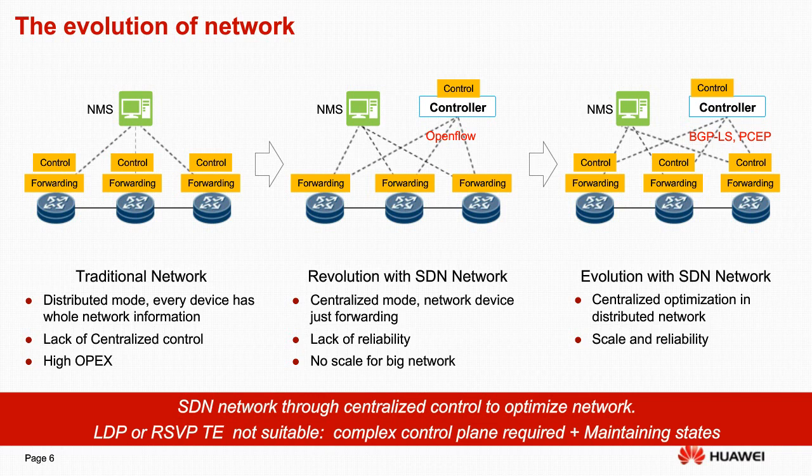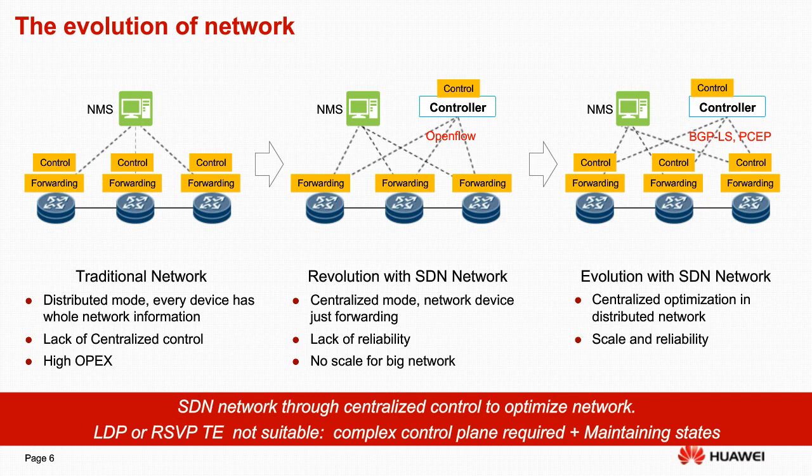All of this kind of calculation will be done in the controller. Sometimes we can say the forwarding device also can support the FRR, but all of this calculation has to be done in the controller. Its work will be very, very huge.